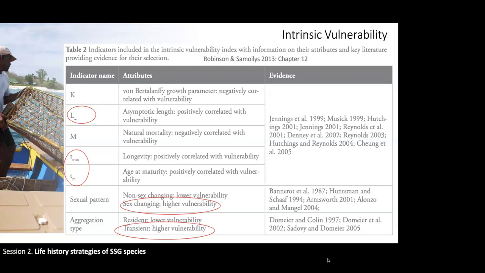And what I've circled in red just to highlight them are those that make you more vulnerable to fishing. Large size, long life, and sexual maturity at an older age are vulnerable attributes. In terms of hermaphroditism and gonochorism, hermaphrodites are more vulnerable. And in terms of the type of FSA, which you'll be hearing about elsewhere in other talks, transient spawning aggregations are more vulnerable.